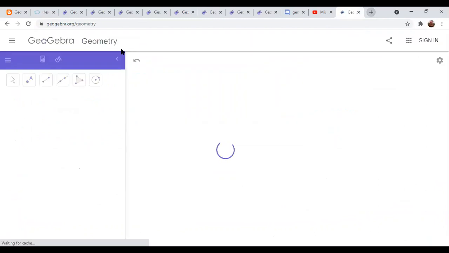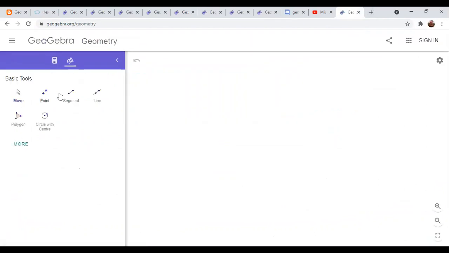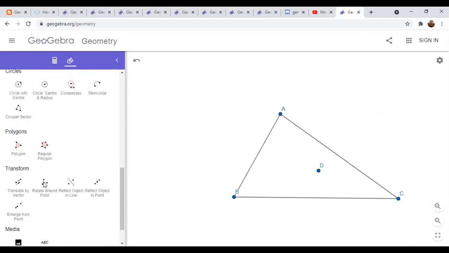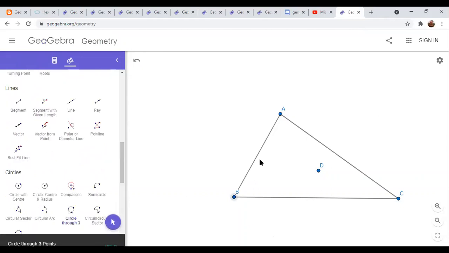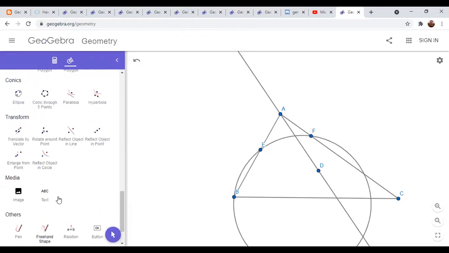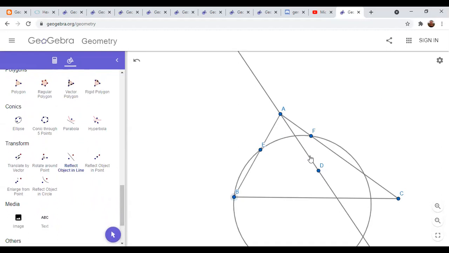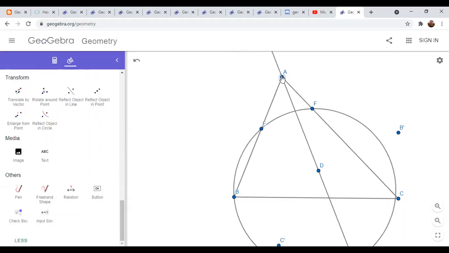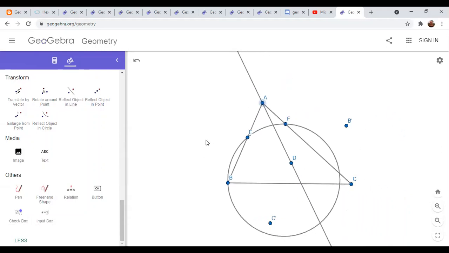So I'm going to open up a new window and do this really quickly, as fast as I can. Pick any point. Circle. And I draw this line. And then I reflect B and C over it. That might be off the page. Okay.